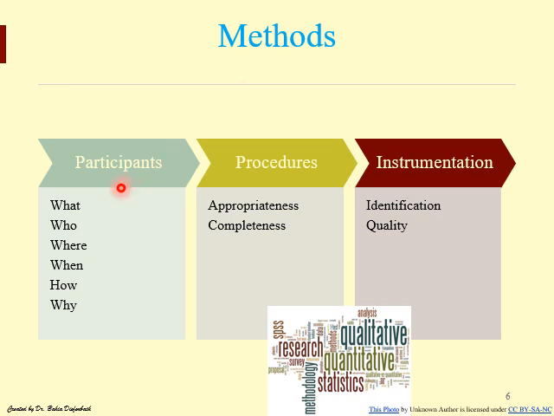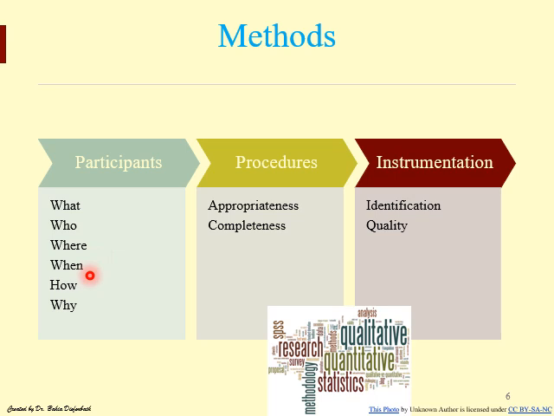In the methods, we have the participants. What? Can you identify the target population? Who? Is sufficient detail provided about the participants? Where? Did the researcher identify the setting? And is that setting appropriate for that research? When?